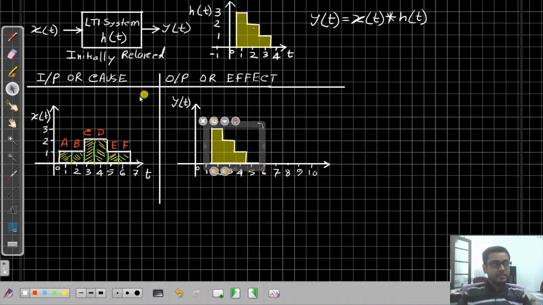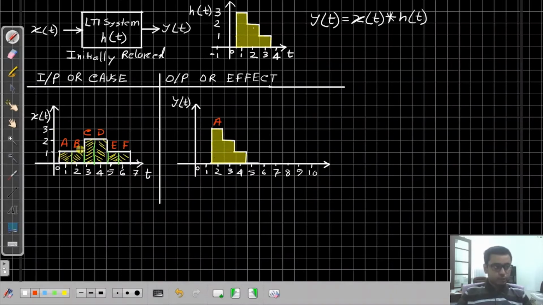This input impulse occurs at time 1, therefore the origin of h of t, this point, should come at time 1. So this is the output corresponding to the portion A of the input.